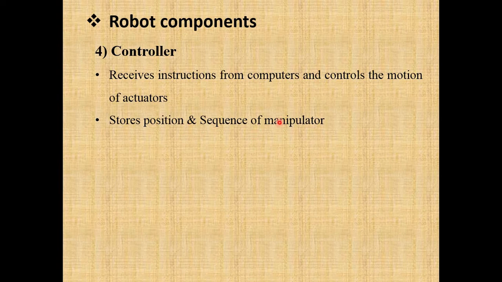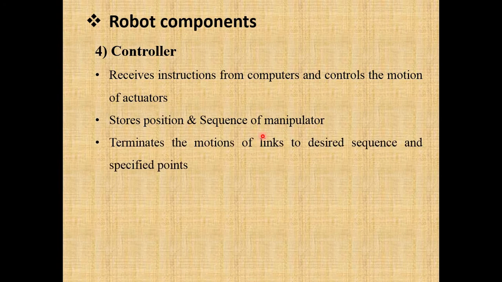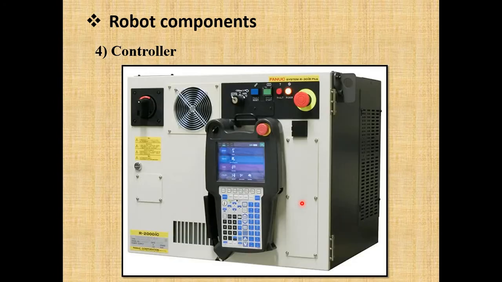It stores the position and sequence of the manipulator and terminates the motion of the links at the desired sequence and specified points. Again, it permits the robot to perform at different locations. So this is the controller. This is an example of a controller. You can see it looks like the central processing unit of a computer, the CPU.